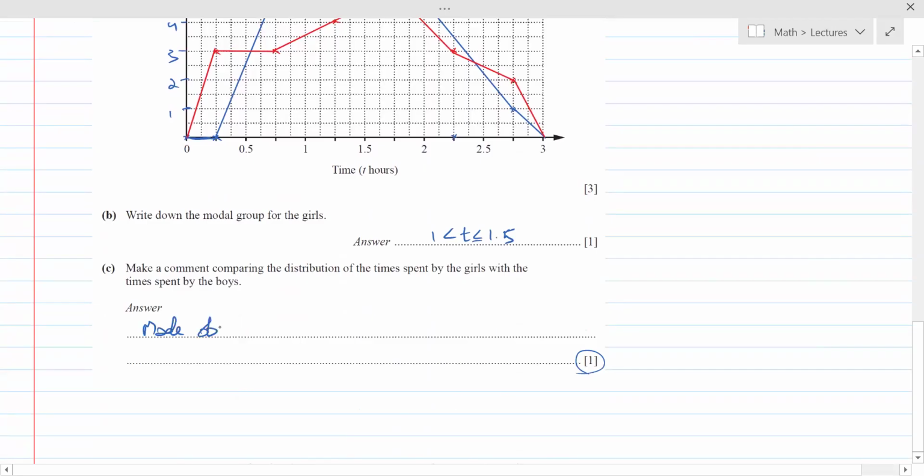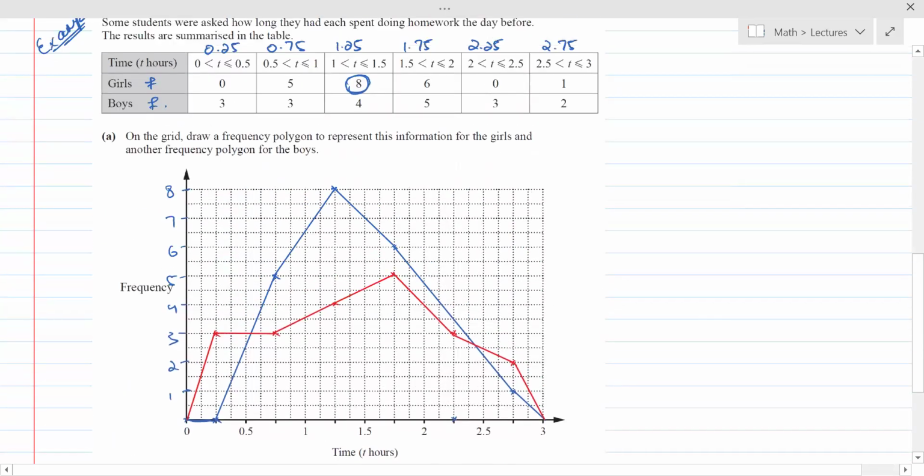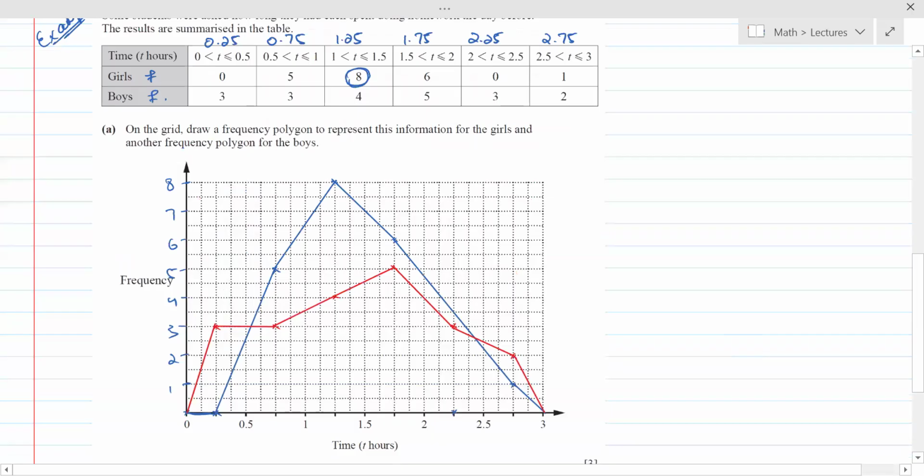Mode of girls is higher than boys. That's one possible answer. We can see it from the graph where the mode of girls is and where the mode of boys is.